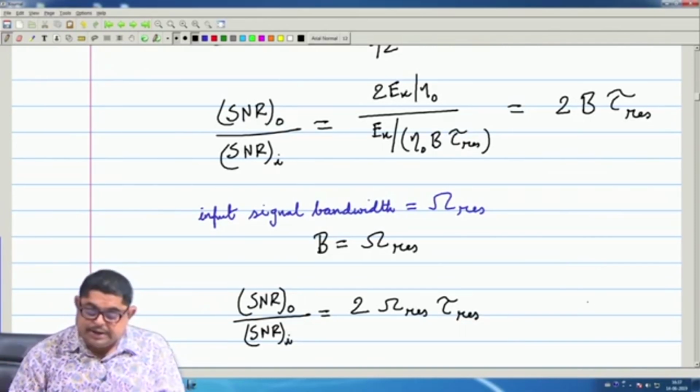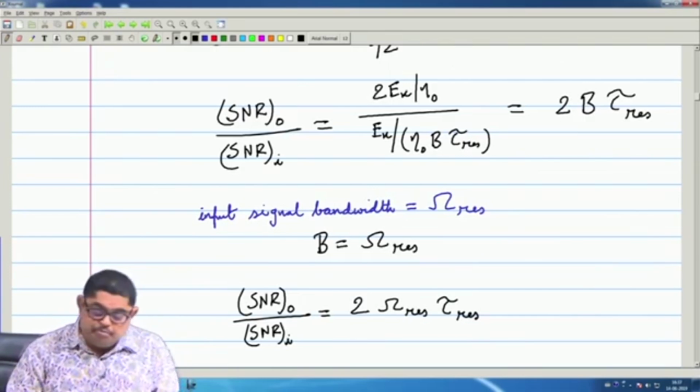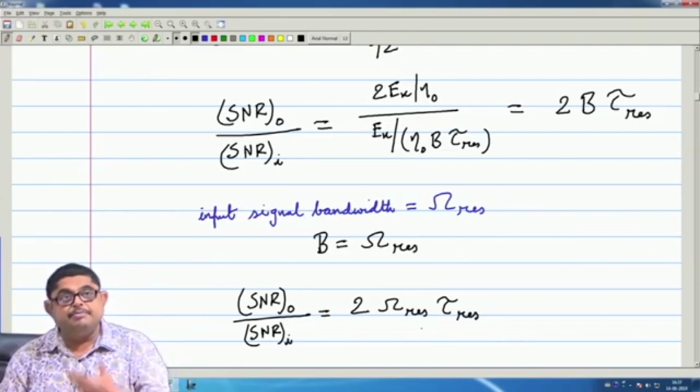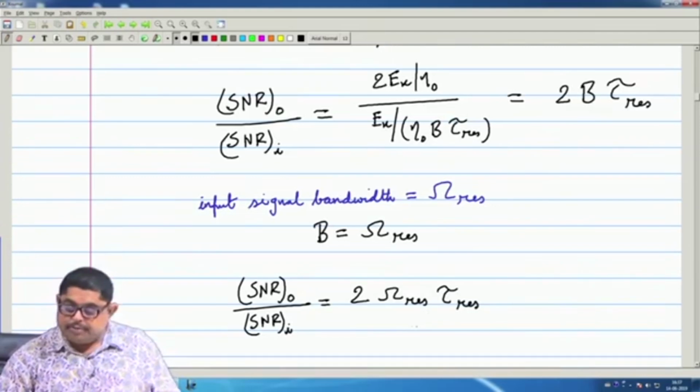So, what is this? This thing can be called the matched filter SNR gain. That means the maximum gain you can get in terms of SNR from this.